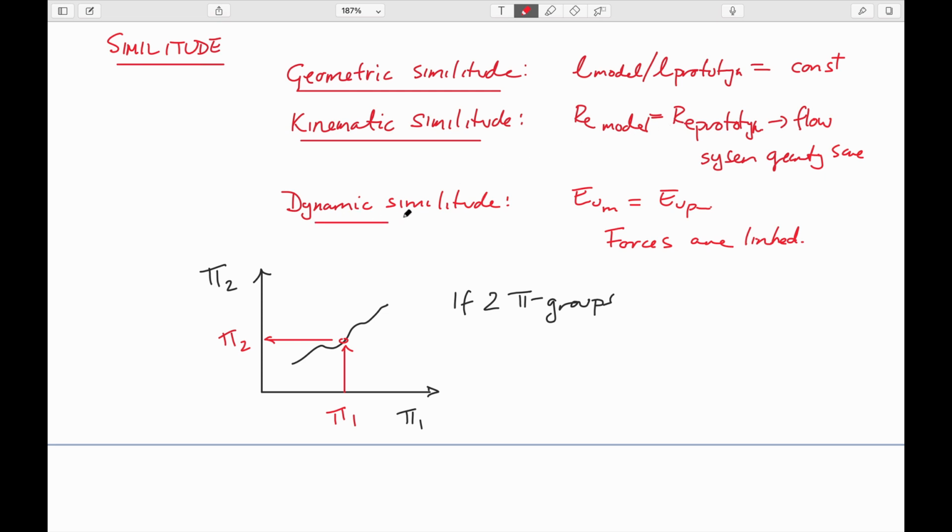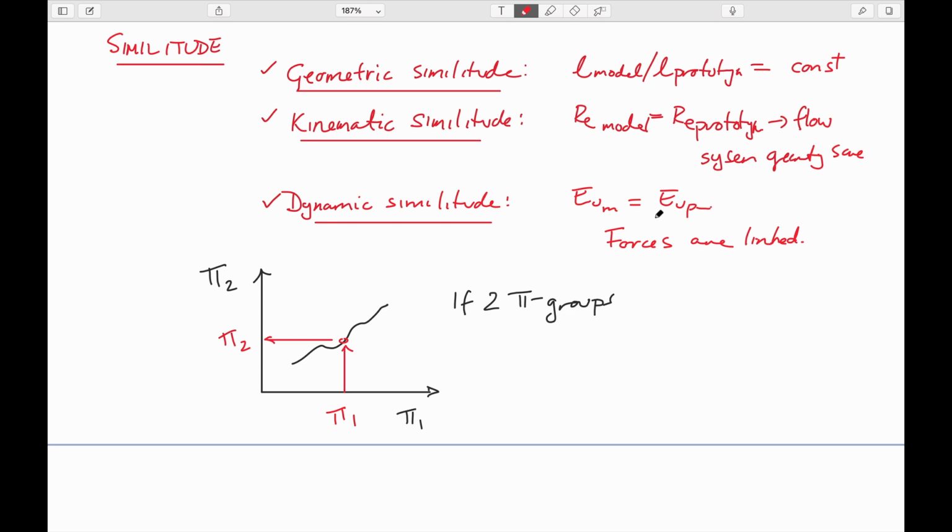And dynamic similitude generally means that as a result of having these 2 being honored, then you're guaranteed that dynamic similitude is also honored. And so if you know the Euler number for the model, you can calculate the Euler number for the prototype. And so you can find out what the forces are that are applied on the prototype.